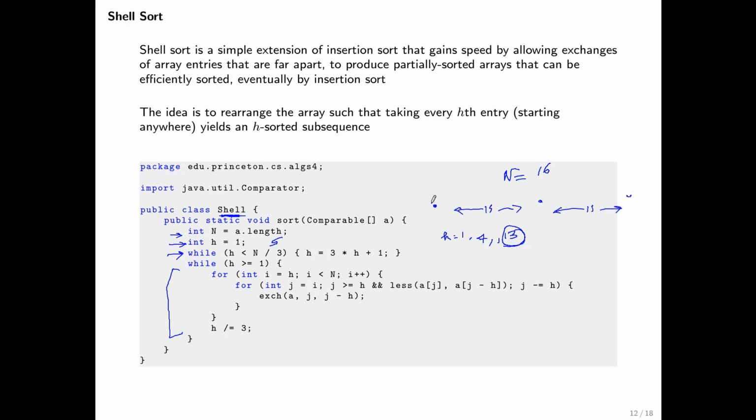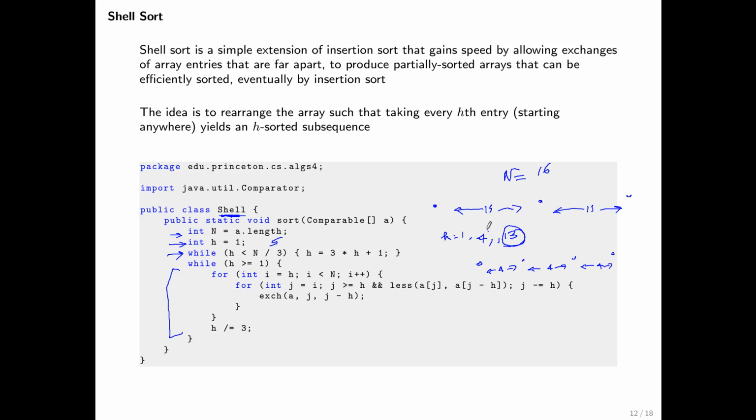We only look at these and put them in order. Then in the next iteration, we look at elements that are 4 apart and do the same thing. So 4 here, 4 here, 4 here, and so on, and put these in order.